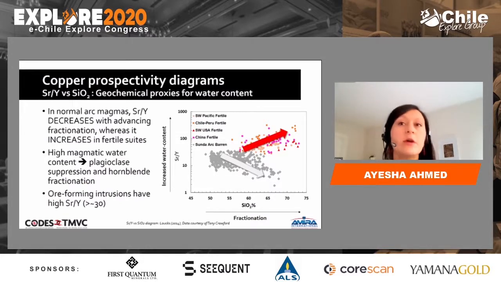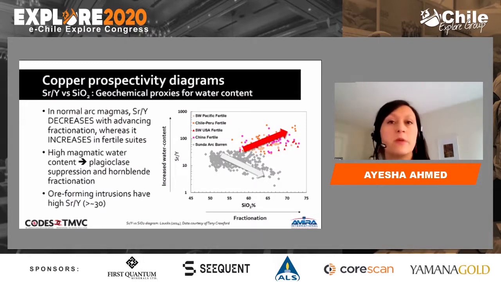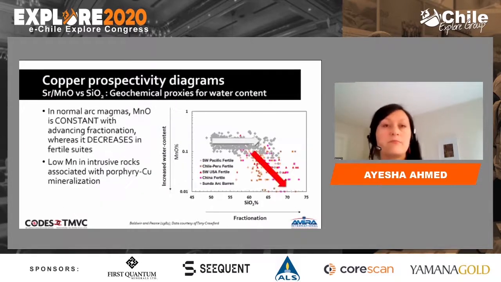So this means that ore-forming hydrous intrusions have overall higher strontium over yttrium than barren suites. This knowledge is not new. It was developed using whole rock laboratory data and has been quite well adopted by industry as an exploration tool.